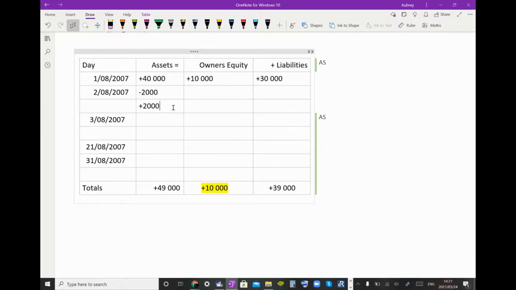I see your hand. So since they've spent this 11,000, would it be a minus 11,000 from the bank and add 11,000 on the asset? For bank, yes, it would be minus 11,000.